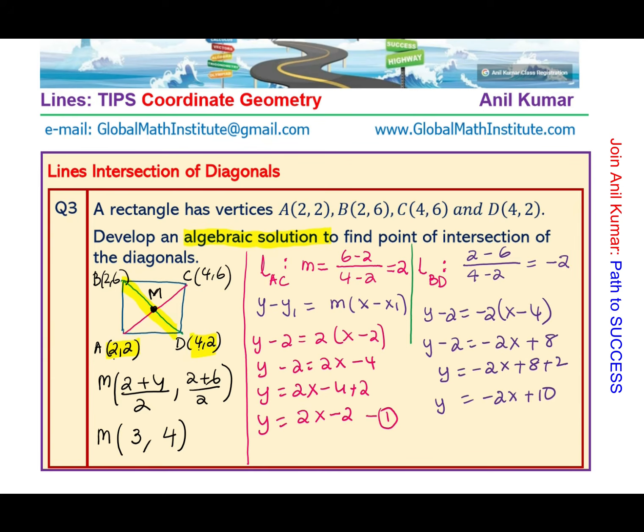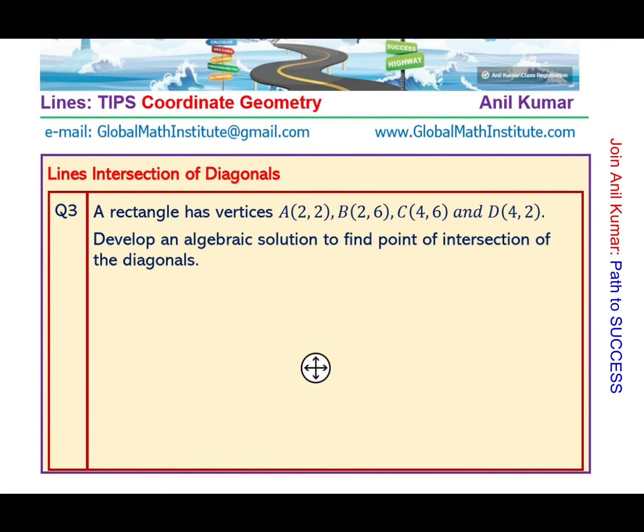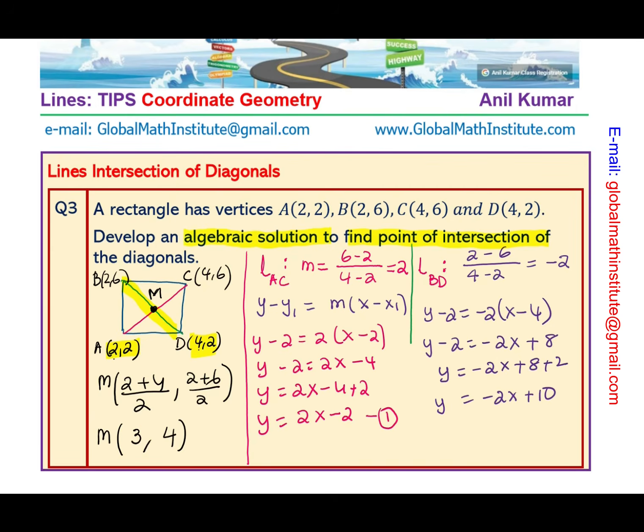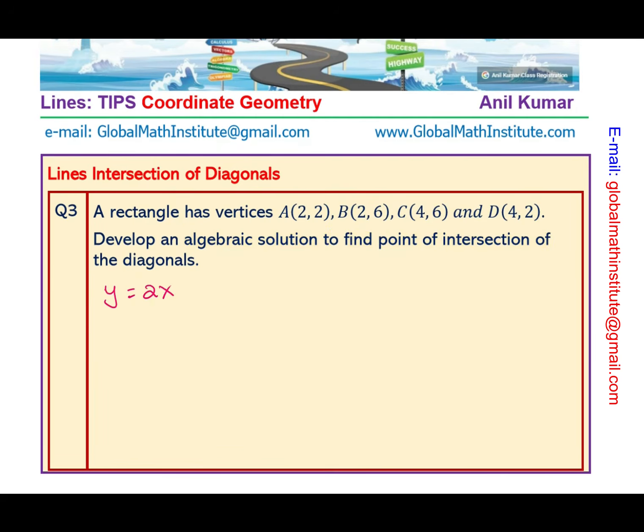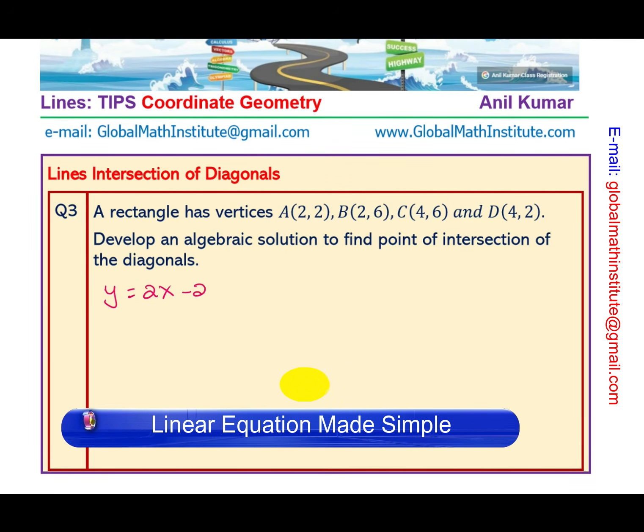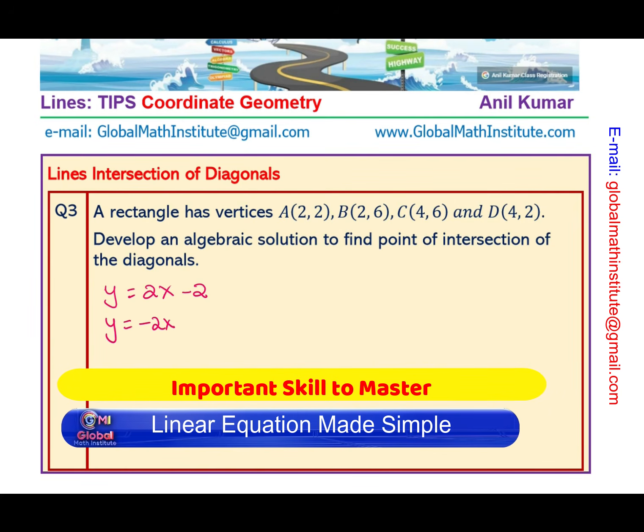Now we need to find the point of intersection. That means we need to solve this simultaneously, right? So I'll take it on the next page and solve the two equations. Perfect. So the two equations for us are y equals 2x minus 2, the rising line, and the other one is y equals minus 2x plus 10.